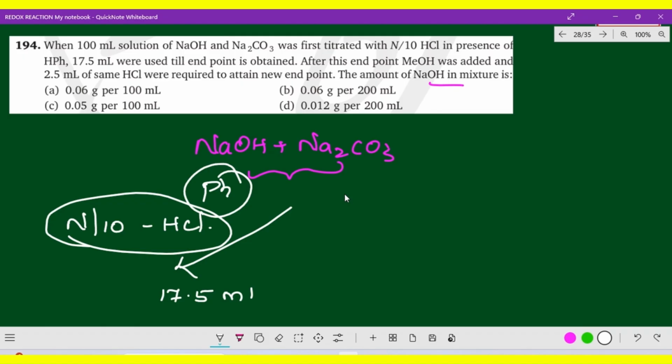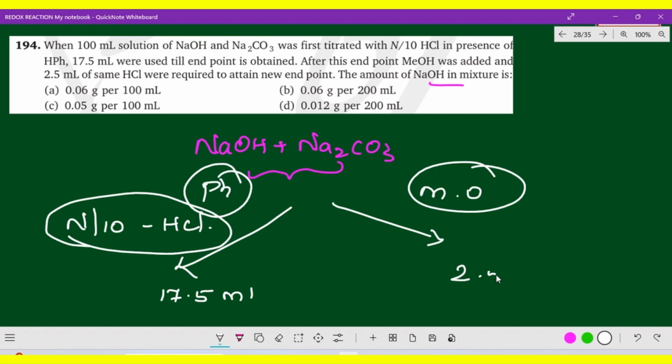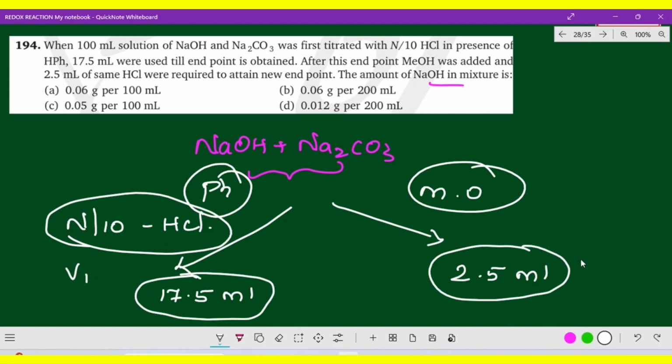With methyl orange indicator, the volume of HCl taken is 2.5 ml. So to complete the titration, the first volume of HCl we can take as V1 and this one as V2, right?